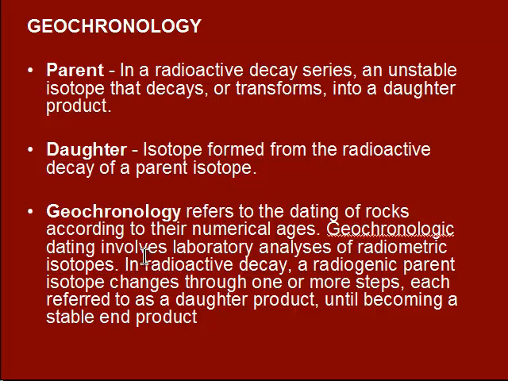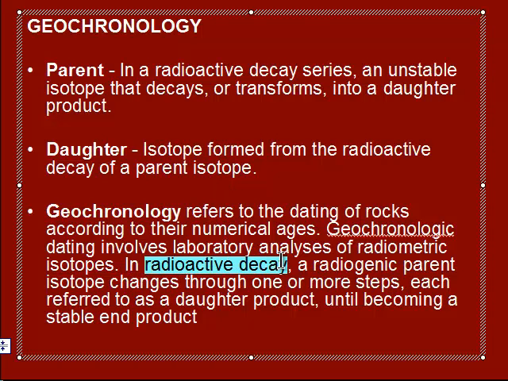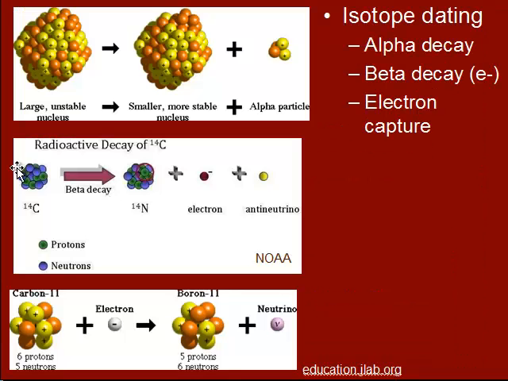Over time, each of these different unstable parents goes through this process of radioactive decay, and this happens in a set interval. This decay happens every X number of years over time. The parent is what we start with, and the daughter is what we end up with. This decay process can happen in a variety of different ways.